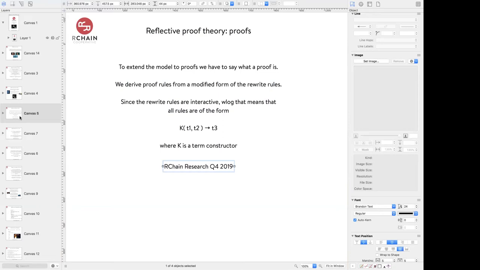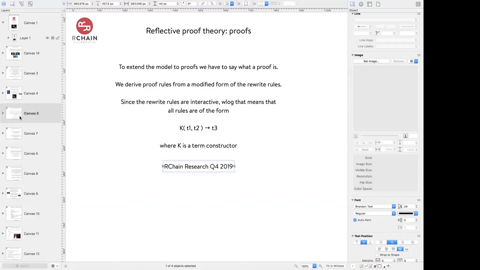The COM rule for the pi calculus or the rho calculus has this shape. So K is par, T1 is some pi term or some rho term, and T2 is some pi term or rho term. And in the case that T1 is a forward comprehension and T2 is an output, then you'll get the COM rule applying.